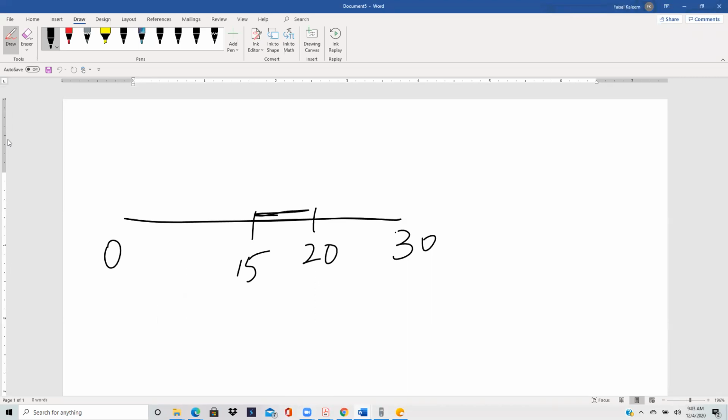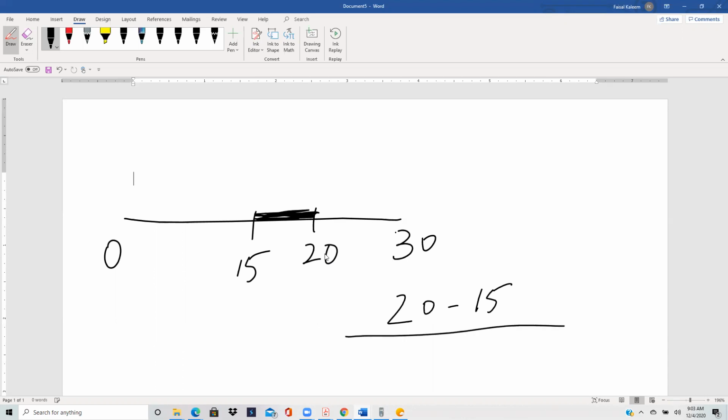So this is what we are asked. So what would you do? The length of this interval. What's the length of this interval, the one from 15 to 20? Wouldn't it be 5? Right, so 20 minus 15, that's 5.